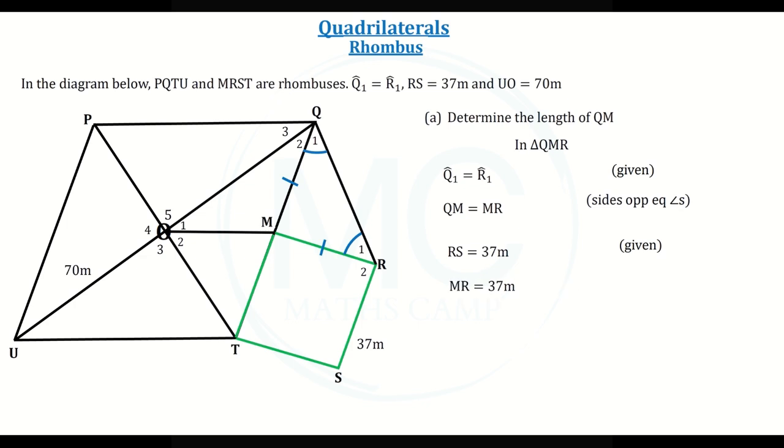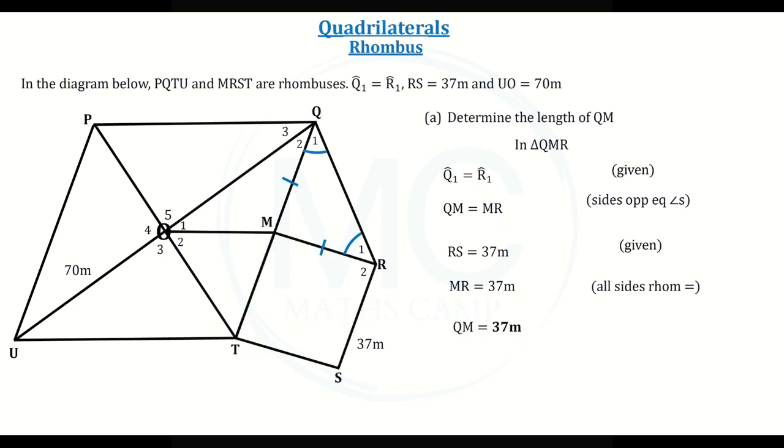And as our reason, we say all sides of the rhombus are equal in length. We've already proven that QM is equal to MR. So if MR is 37 meters long, then we can see that QM is also 37 meters long.